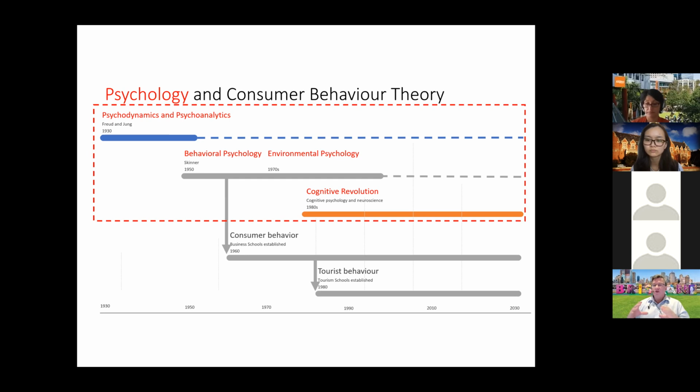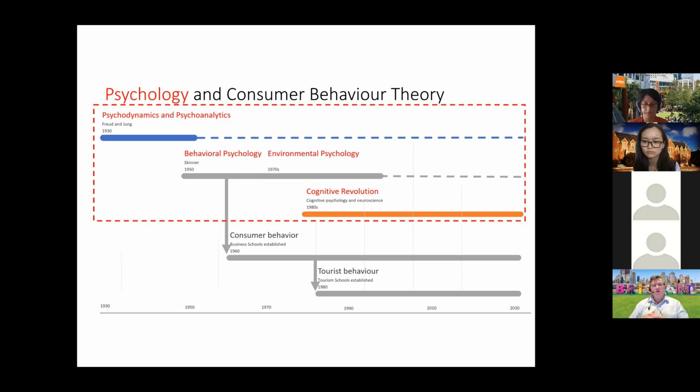They're the people who are developing the theories, and those ideas are then transferred to business, consumer behavior, tourism. In the red dotted box, you'll see three particular grand theories of how psychology and our brain works.